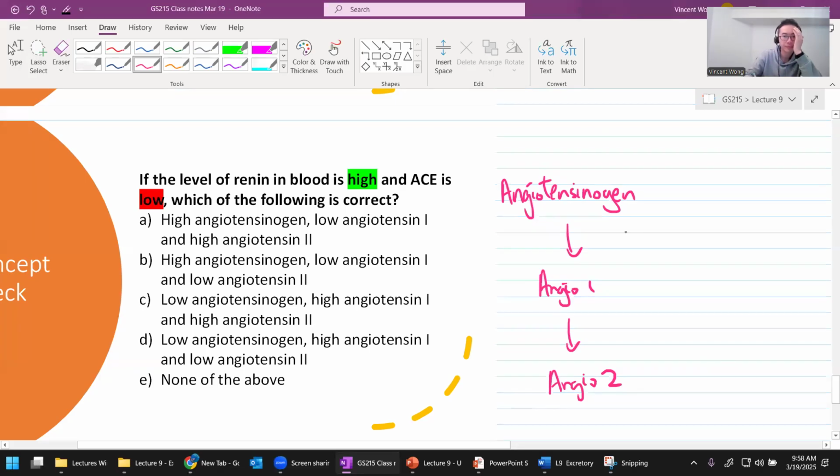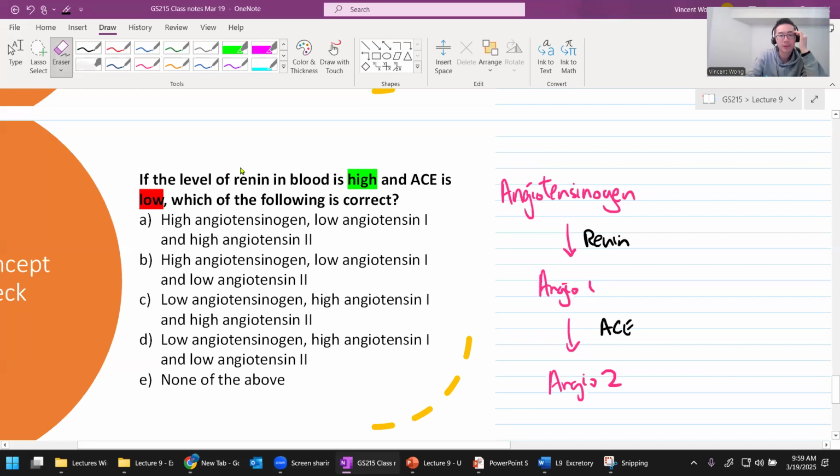So what's going to happen here? What enzyme do we need to go from angiotensinogen to angiotensin 1? Yeah, that's the renin. And then what enzyme do we need to go from 1 to 2? Yeah, ACE. Very good.